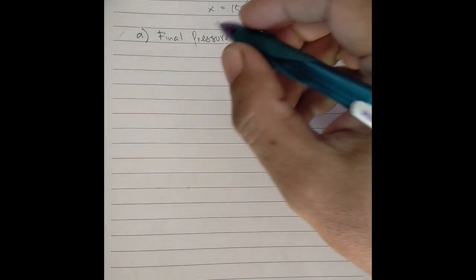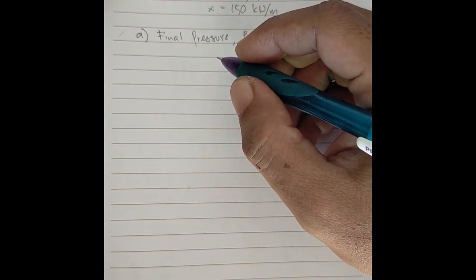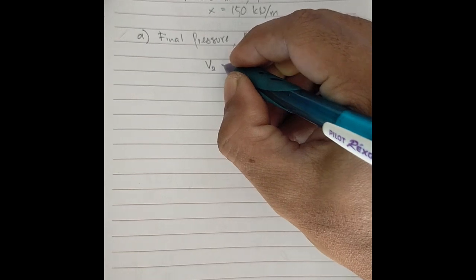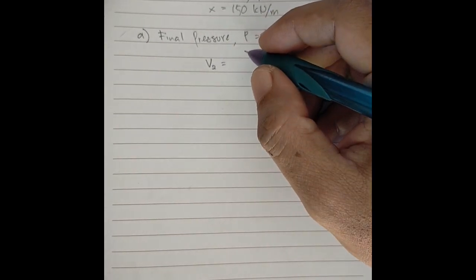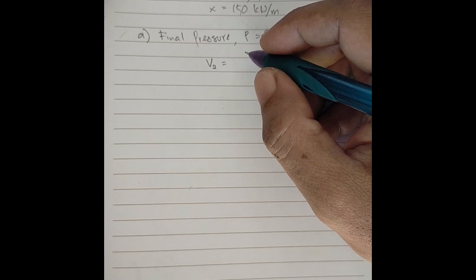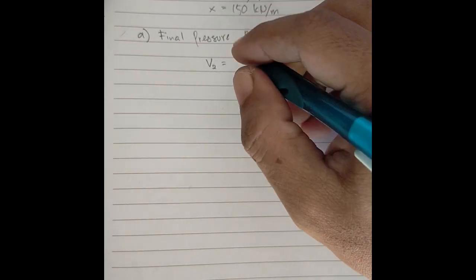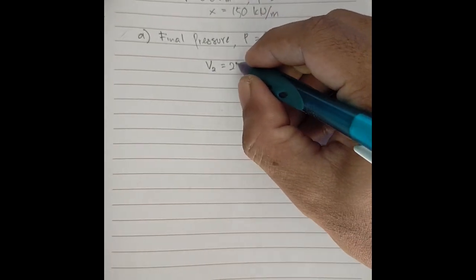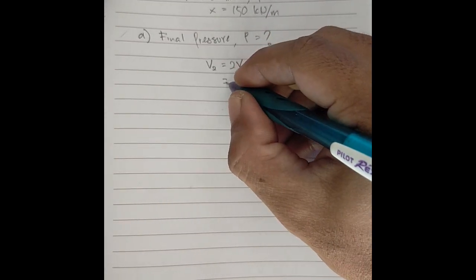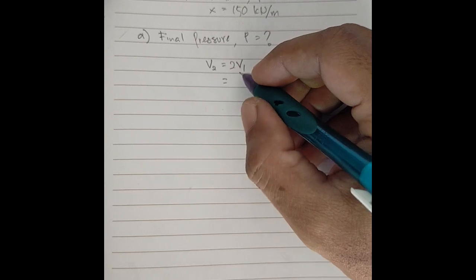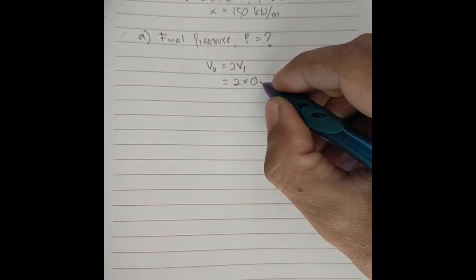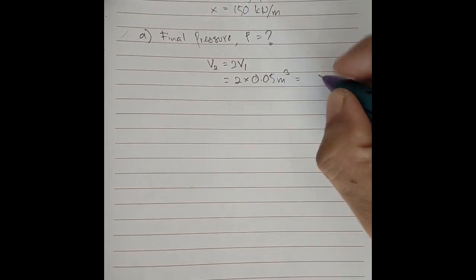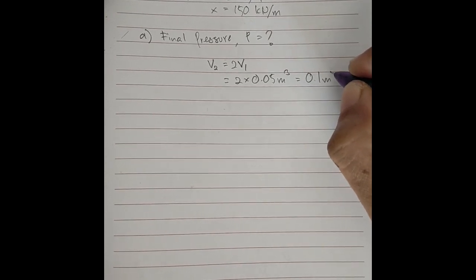Okay, given is the volume. So basically the final volume V2 is double V1, which means the final volume is 2 times 0.05 meter cube. We got 0.1 meter cube.